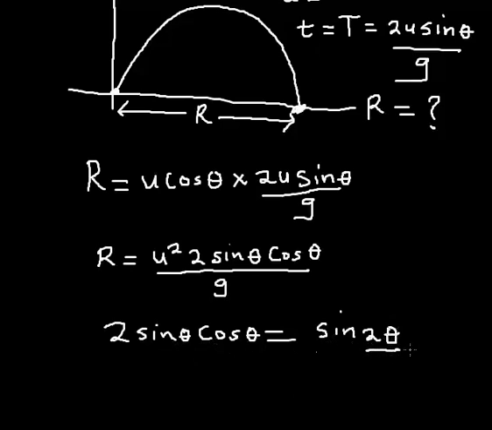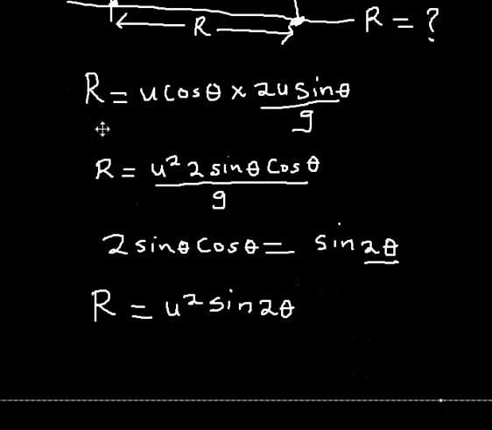So putting that into this expression, range is going to be equal to u squared sine 2 theta, divided by g.